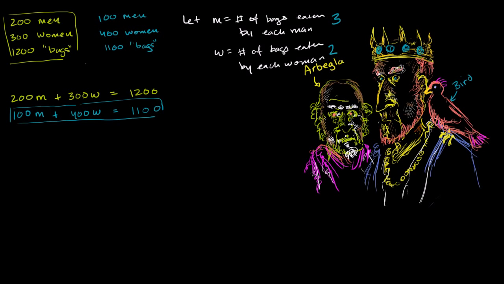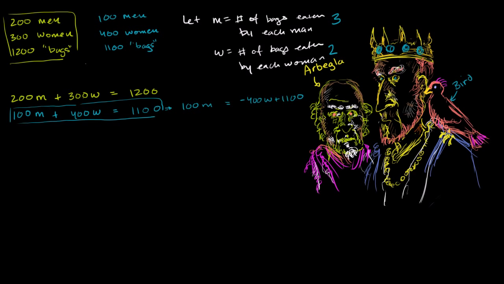So here, if we want to solve for m, we could subtract 400w from both sides, and we would have 100m. If we subtract 400w from the left, this 400w goes away. If we subtract 400w from the right, we have is equal to negative 400w plus 1100. So what got us from here to here is just subtracting 400w from both sides.